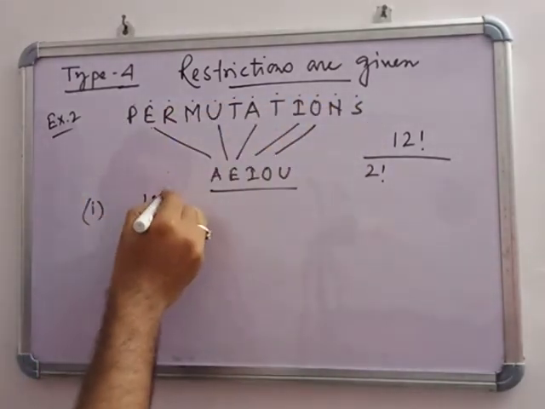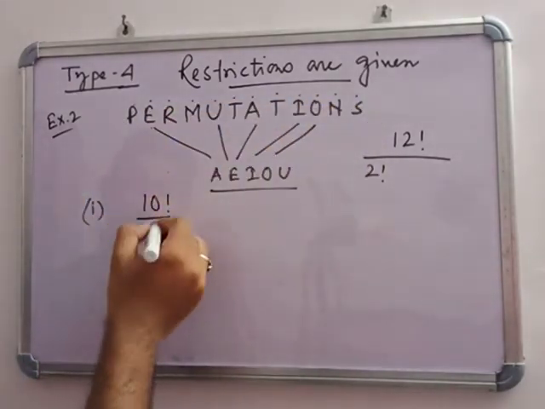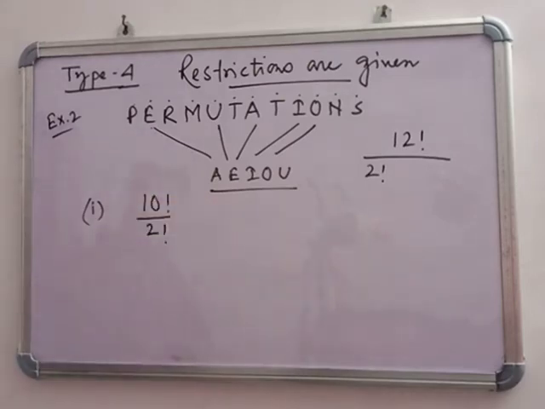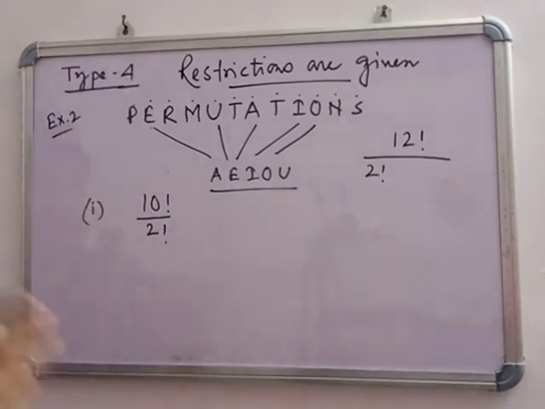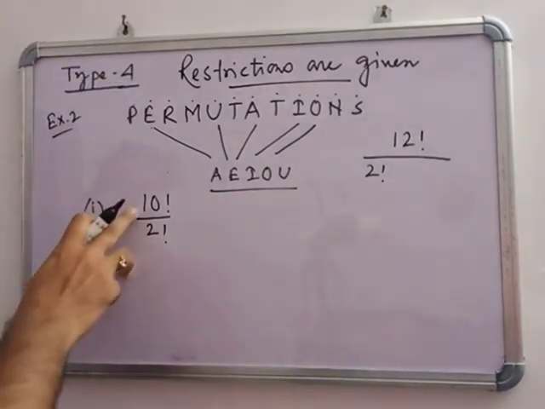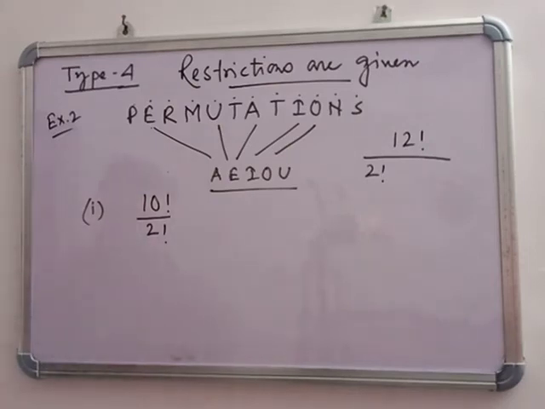That means 10 factorial by 2 factorial. Why 10? Because the first and last, P and N, are fixed. Only 10 letters can change their position. So that is 10 factorial by 2 factorial.